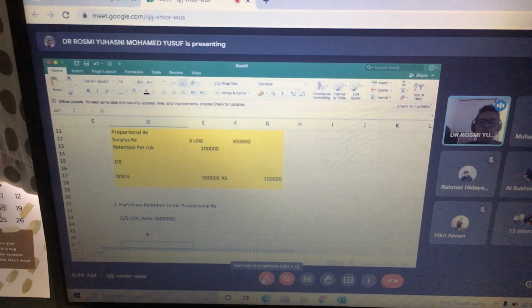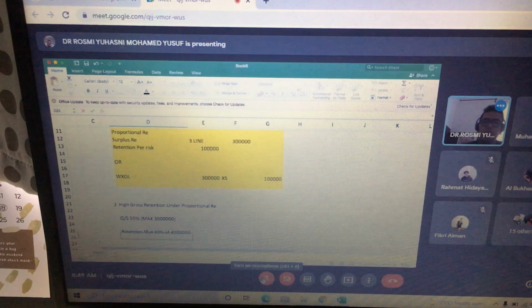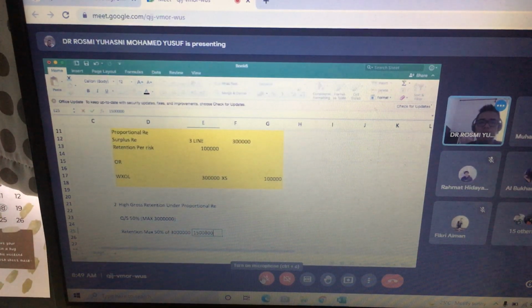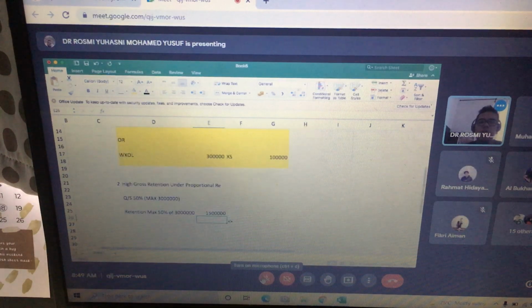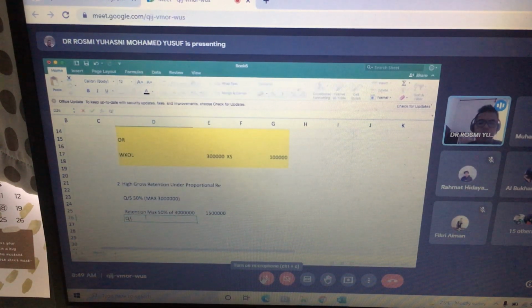So kita tahu dia akan retain 50%, that will be 1.5 million, and also the reinsurer 50% of 3 million.